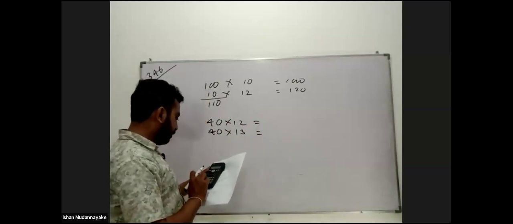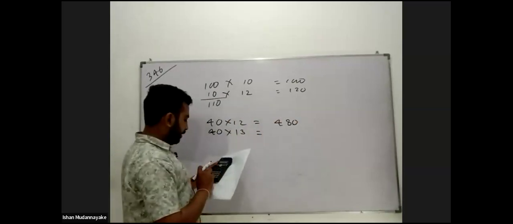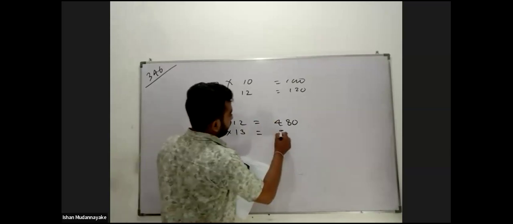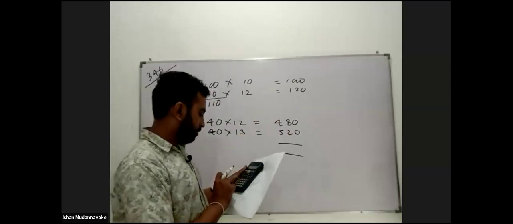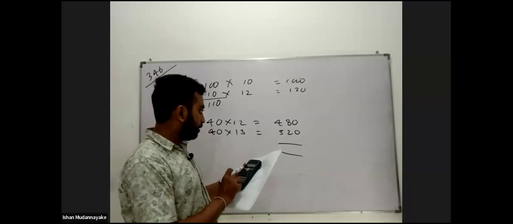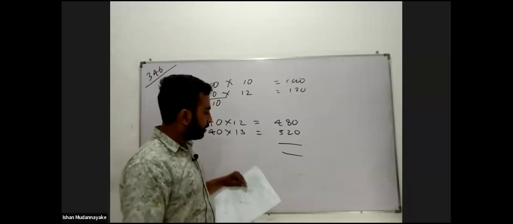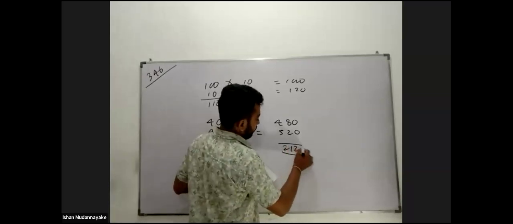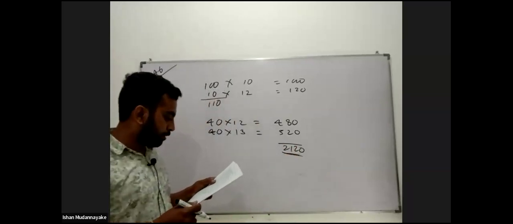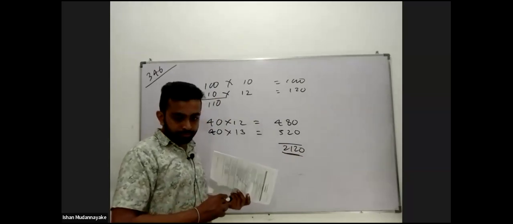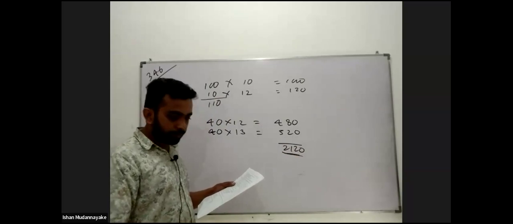Then 40 at 12 is 480, and 40 at 13 is 520. 1000 plus 120 plus 480 plus 520 is 2120. Production cost related to raw material RM is 2120. Clear?